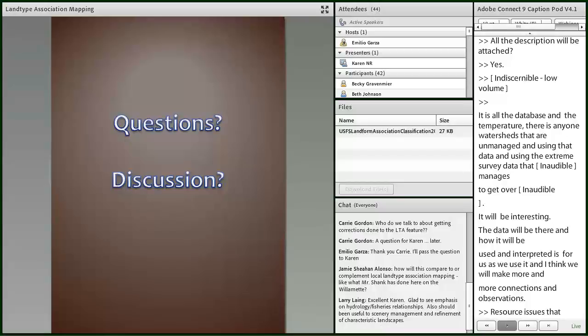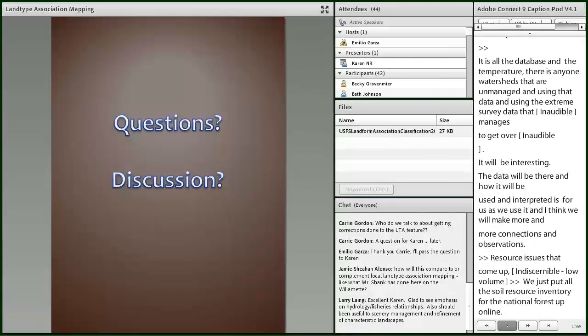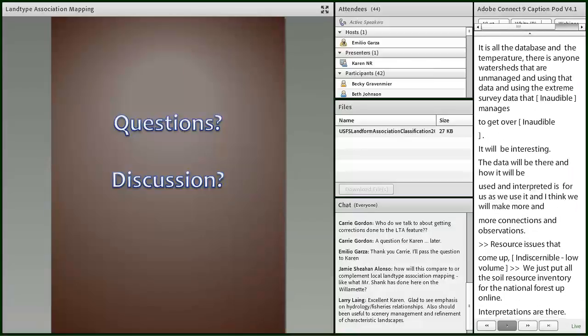So we just put all of the soil resource inventories for all national forests up online, and the interpretations are there. We need to give Jeremy a little bit of a break because he's been going almost as hard as I have over the last 3 weeks.